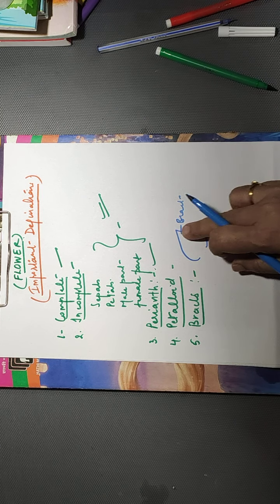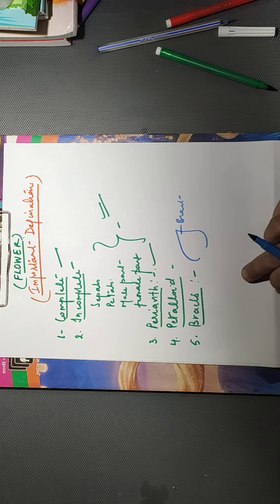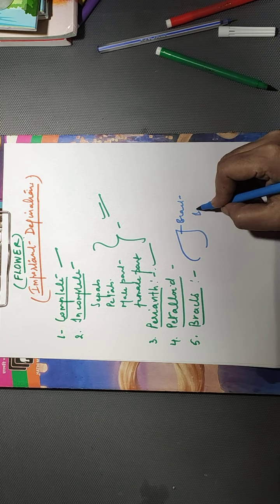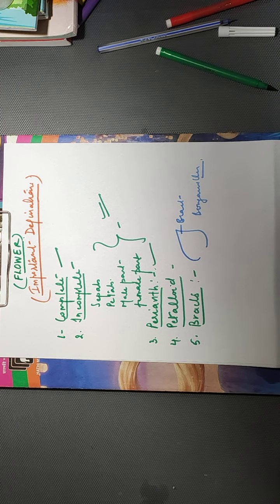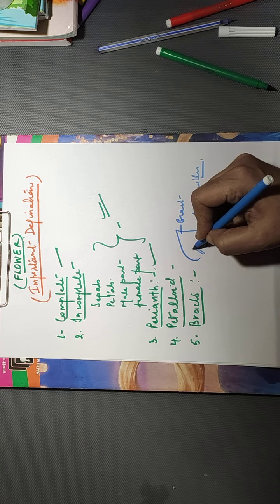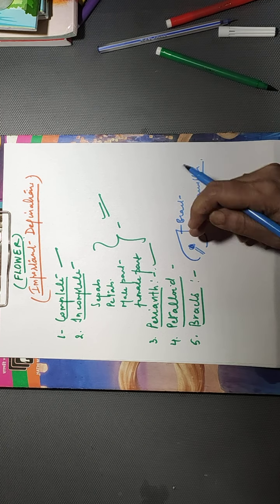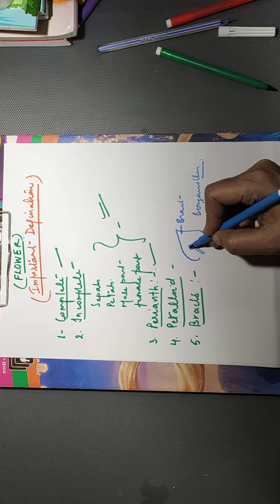When the sepals are colorful and appear to be petals, they are called bracts, just like in bougainvillea. So the bract is a beautiful pink color in which the flower is present in the center.